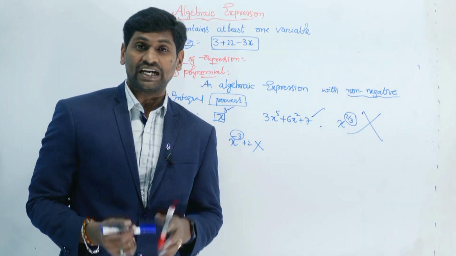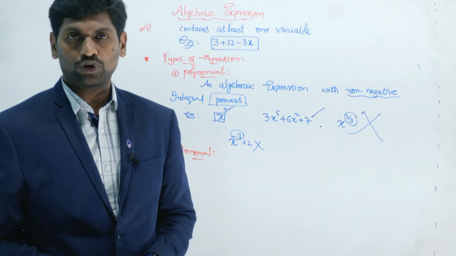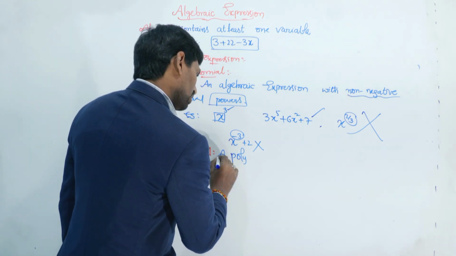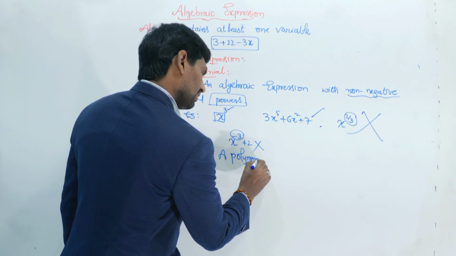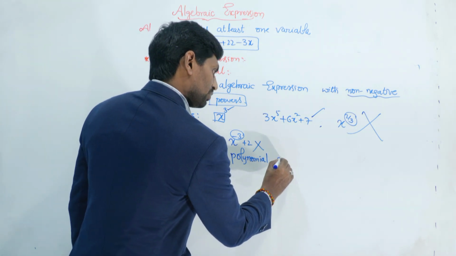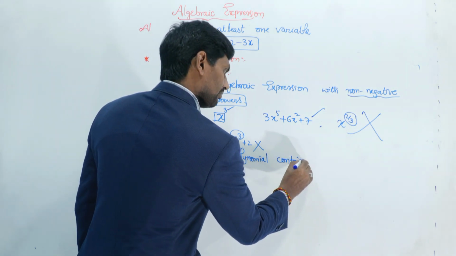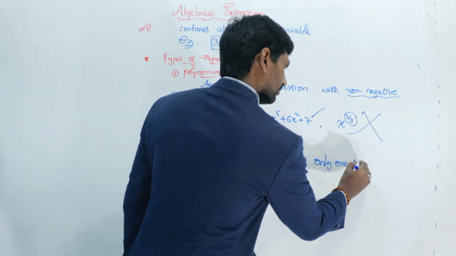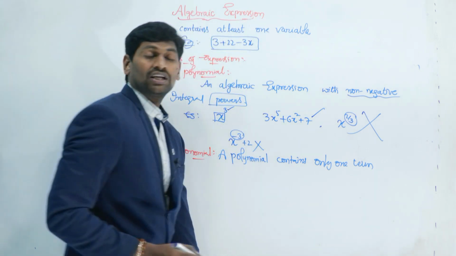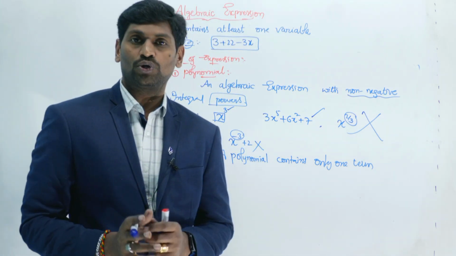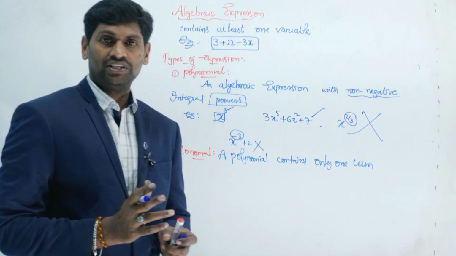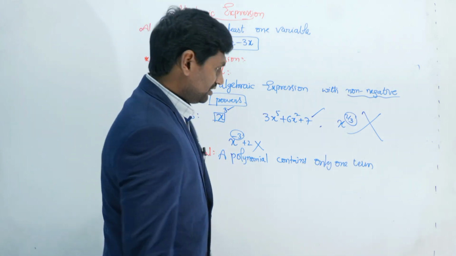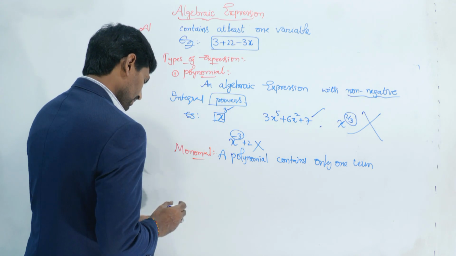A polynomial containing only one term is called a monomial. Mono means single. A polynomial containing only one term is called monomial.